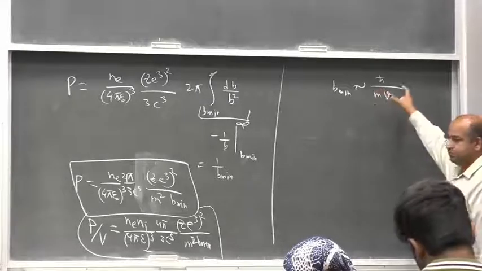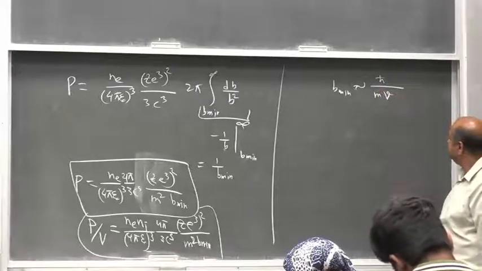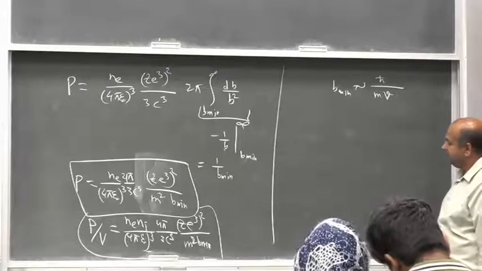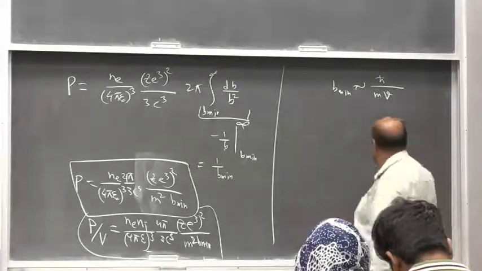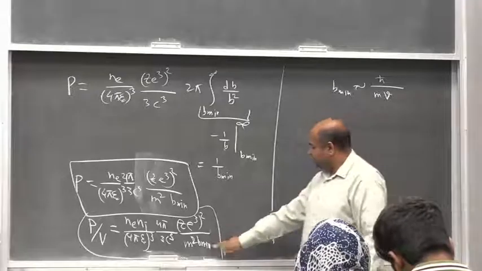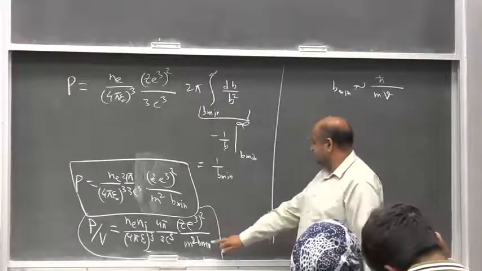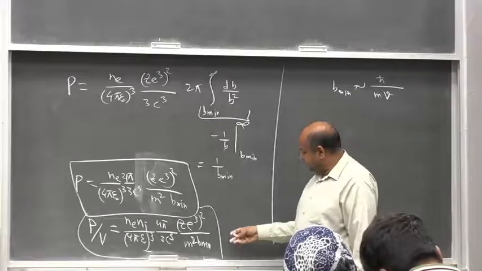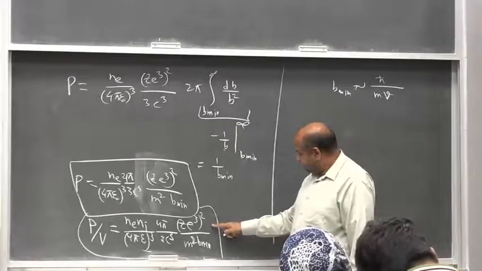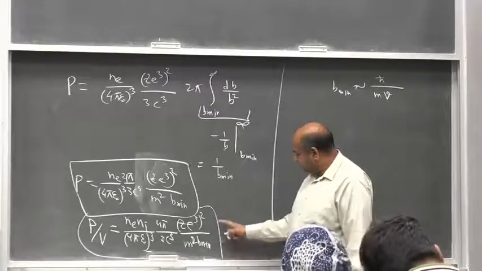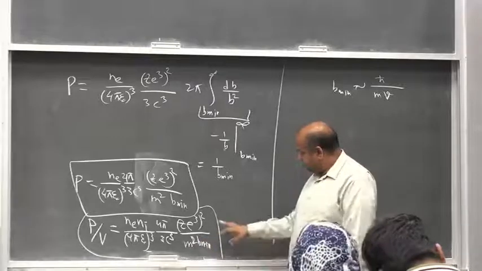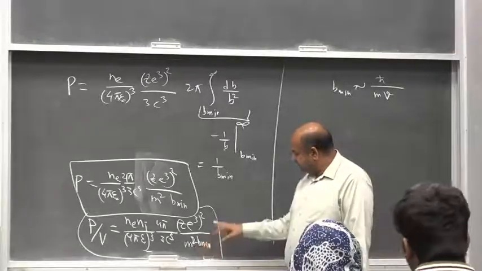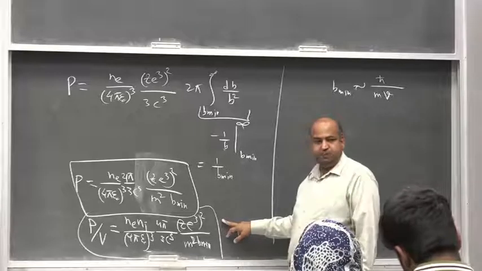So this is an estimate for this value b minimum. अगर आप यहाँ पे put करें, so you can see h cut comes here, so mv. और जो result है वो sensible है, क्योंकि यहाँ पे mv आएगा, यहाँ पे h cut, so ये cancel हो जाएगा, which means that the power is proportional to velocity, which makes sense.